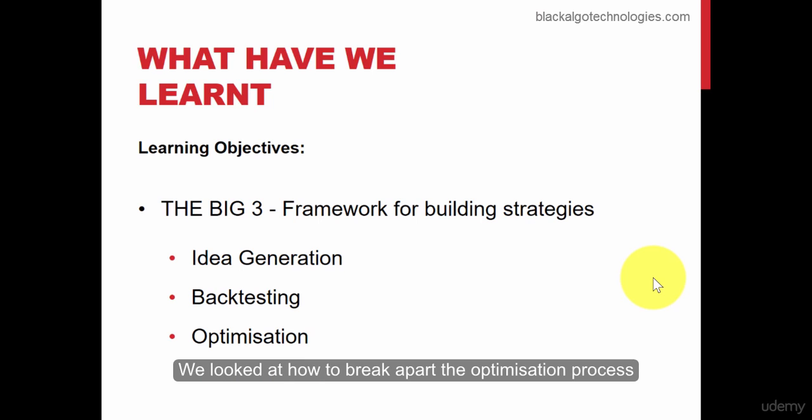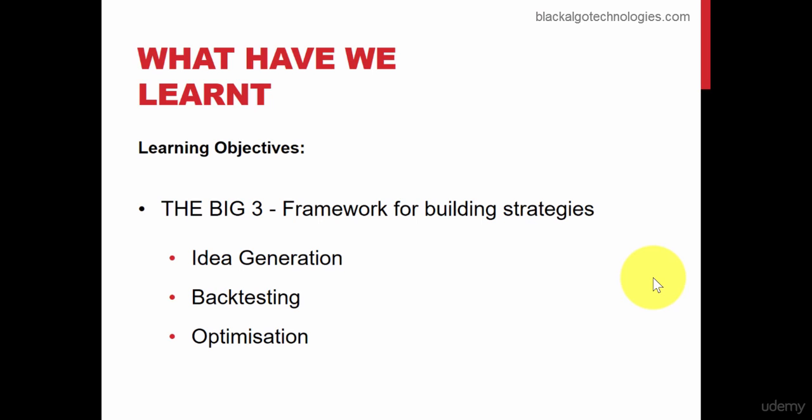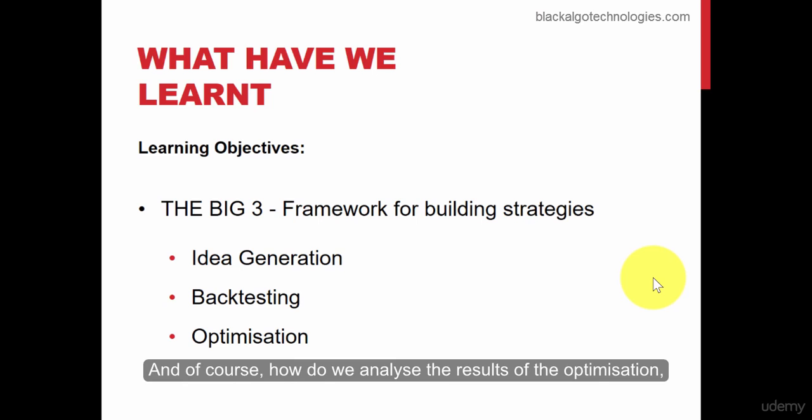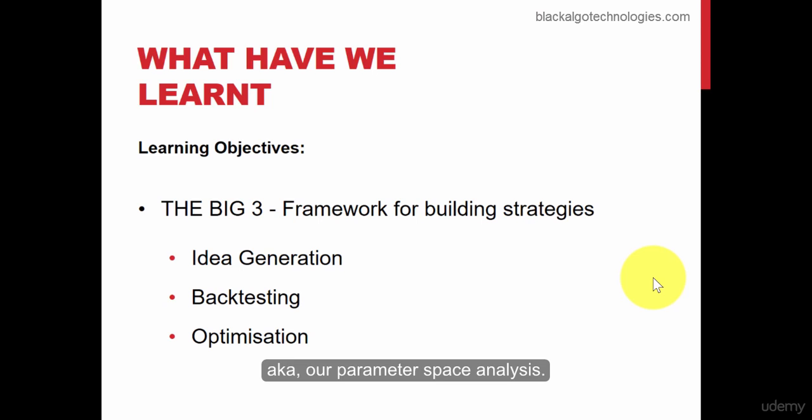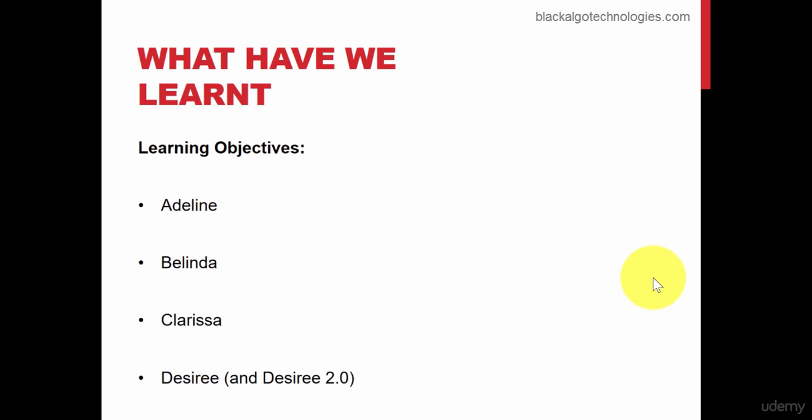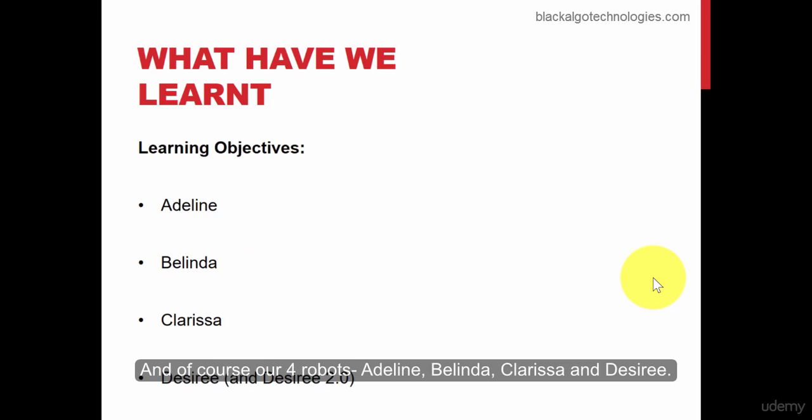We look at how to break apart the optimization process using independent variable optimization. And of course, how do we analyze the results of the optimization, aka our parameter space analysis. And of course, our 4 robots, Adeline, Belinda, Clarissa, and Desiree.